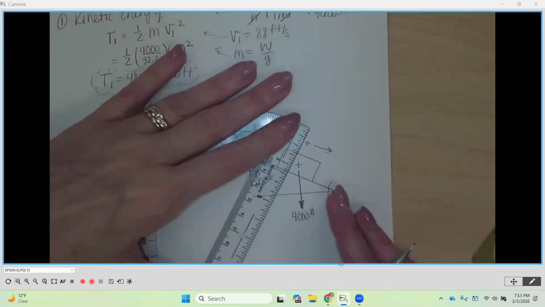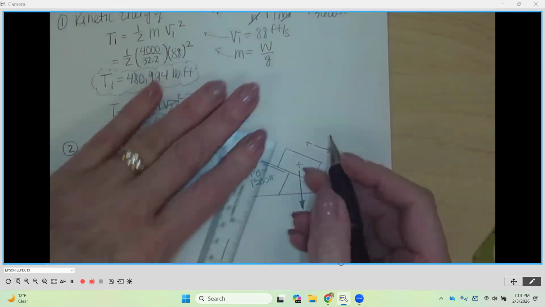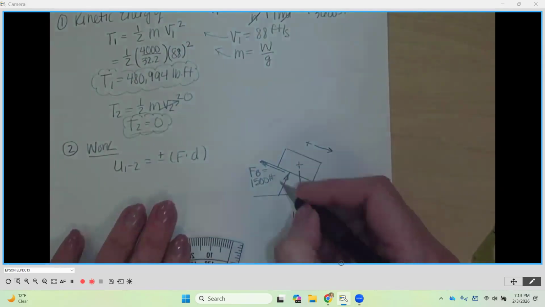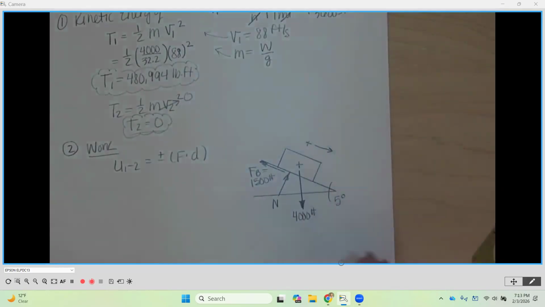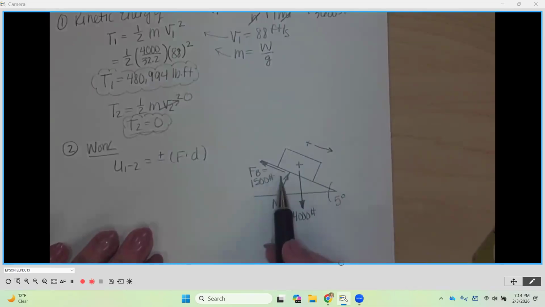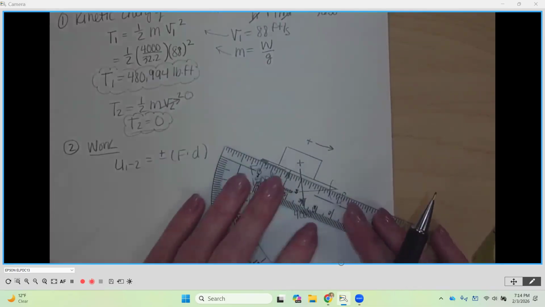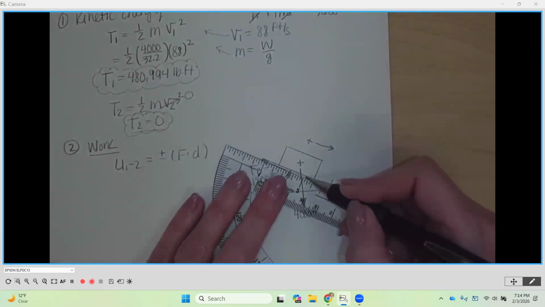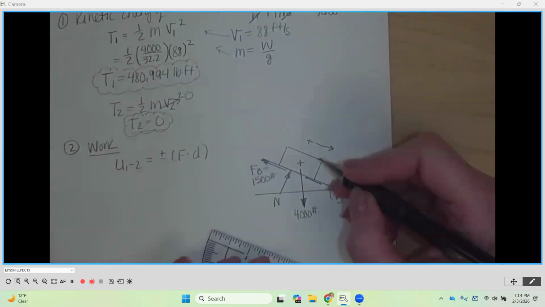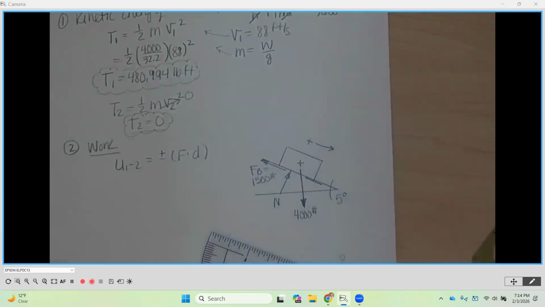We also have a normal force. That normal force, which is a support force, is right here. So that's another force that is on this. Now, as we look at the direction of the incline, we have a force as a component due to the weight of the car.